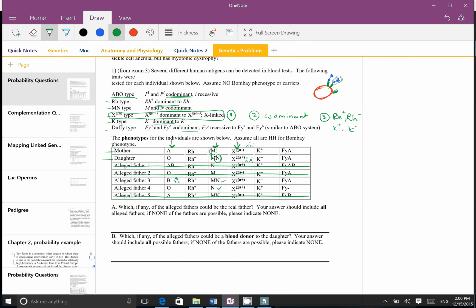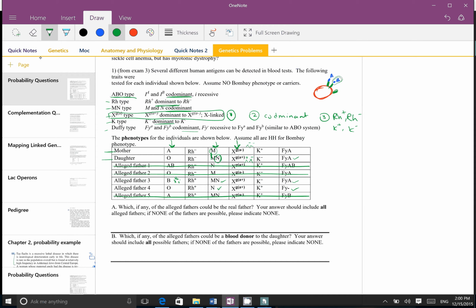Then I look at the FYA gene, which again is a case of codominance. She got FYA from mom. She can get an FYA from dad, or she could have gotten an FY negative from dad, which is the same as the case of blood type and O blood type. So they both can still be the father.